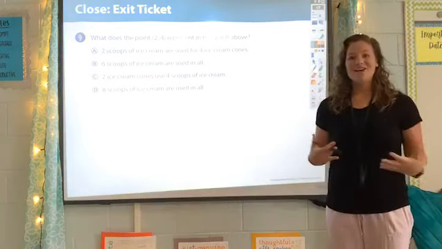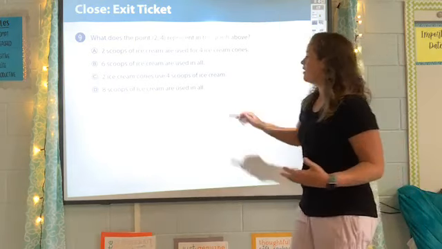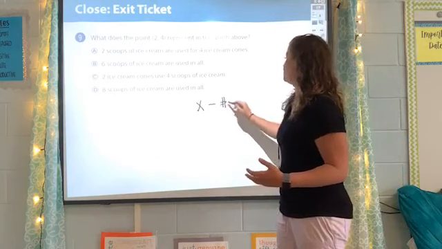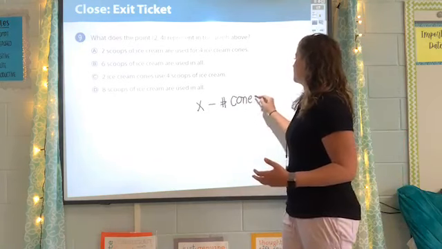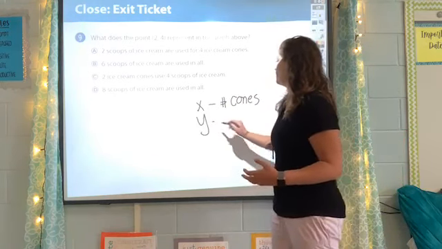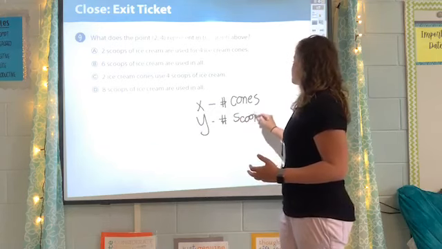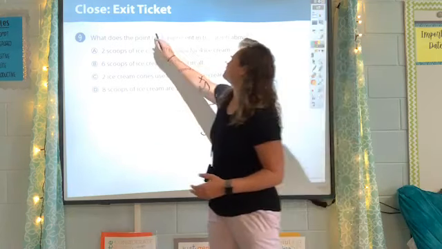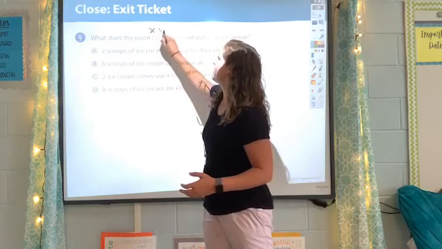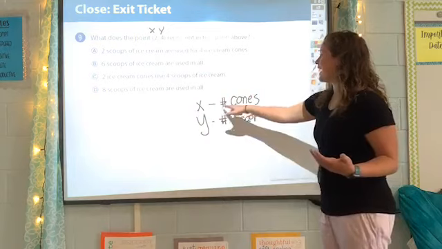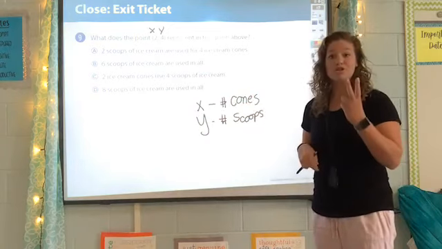All right, so if we're looking at this, remember, our X represented our number of cones. Our Y represented our number of scoops. So remember our X is first and then our Y. So if I have an X of 2, that is how many cones? 2 cones.